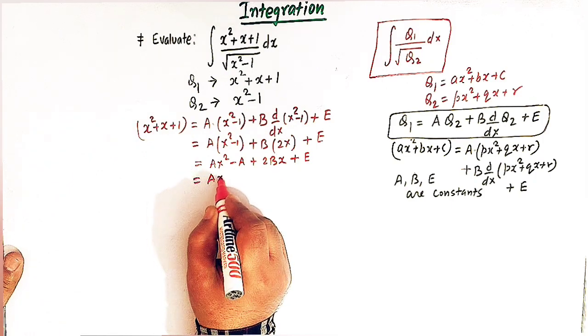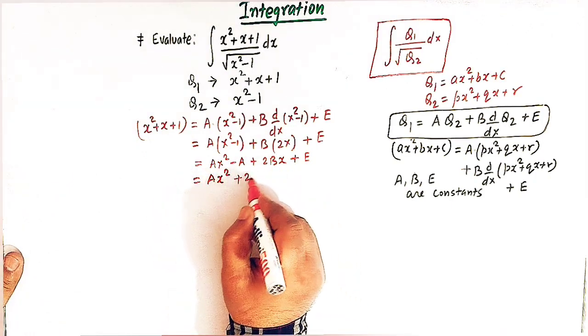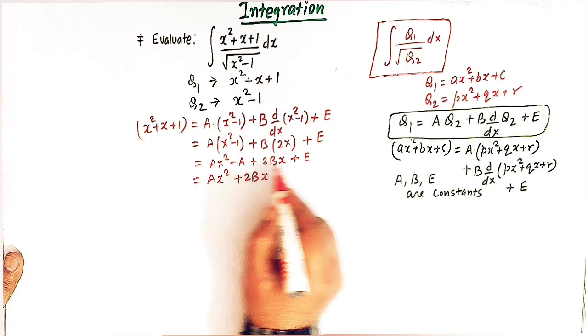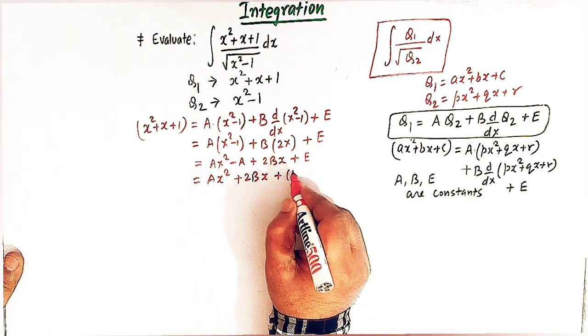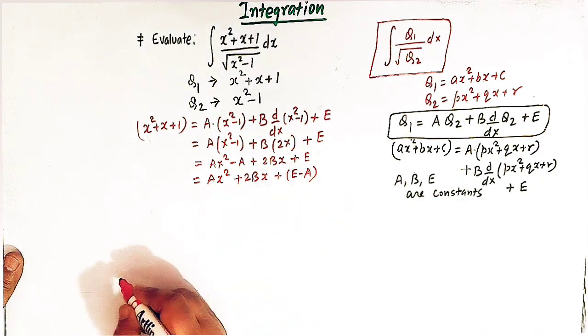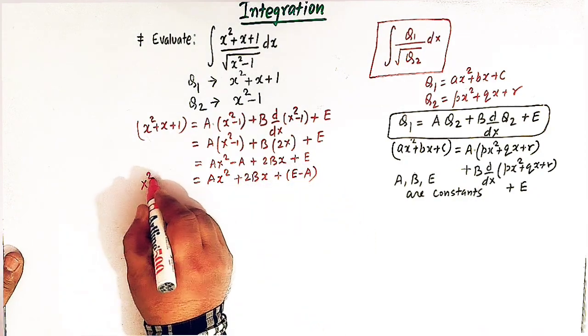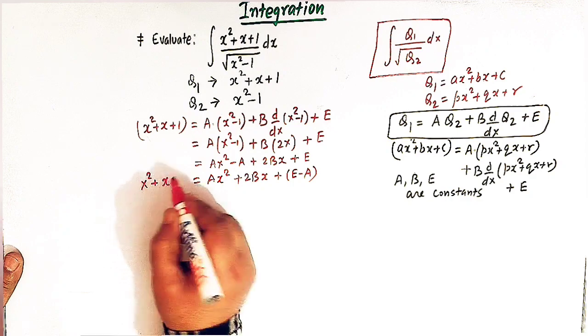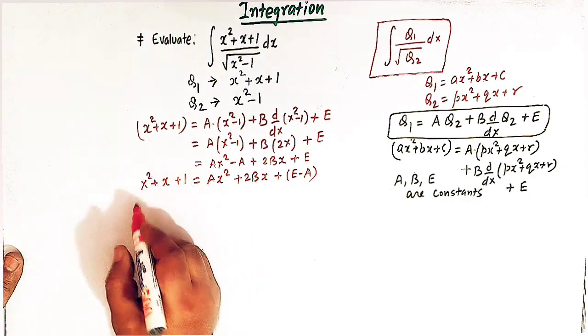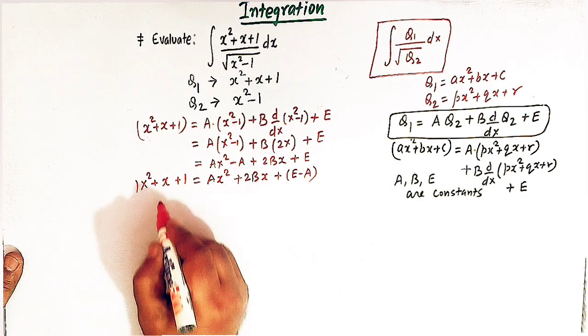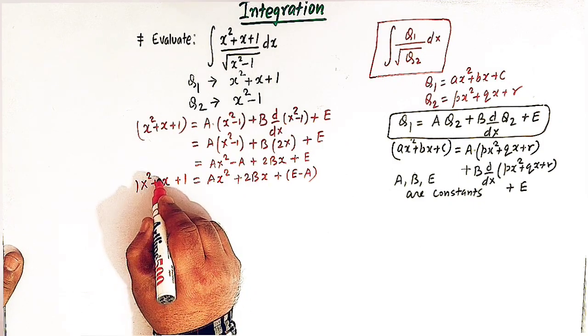So we have ax square, then we have 2bx, and then we can collect these two terms. So we have e minus a, right? Okay, so now we have the left hand side is x square plus x plus 1. Here the coefficient of x square is 1. Here the coefficient of x is 1.